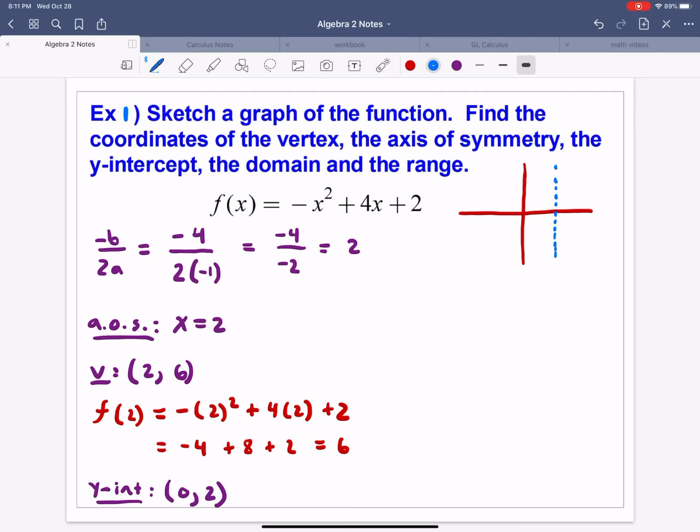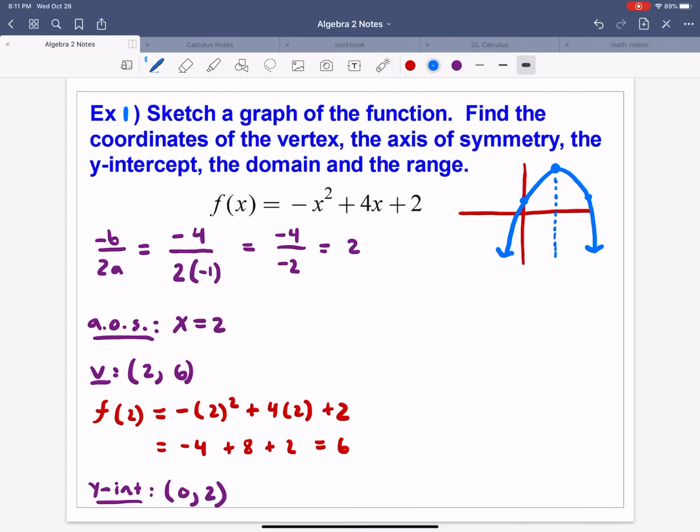The vertex is at (2, 6), so that's somewhere in the first quadrant. The y-intercept is at (0, 2), so then I can reflect that point across the axis of symmetry. It's equidistant, because we want each half to be the same. And then we can draw a parabola that opens down like so.